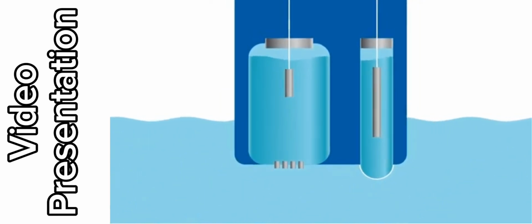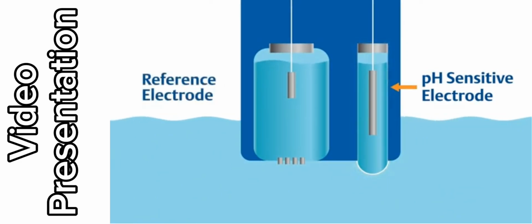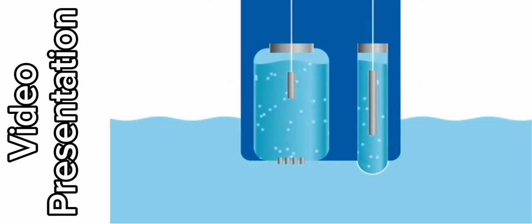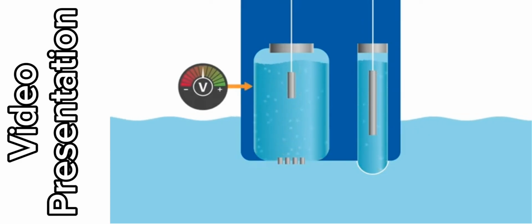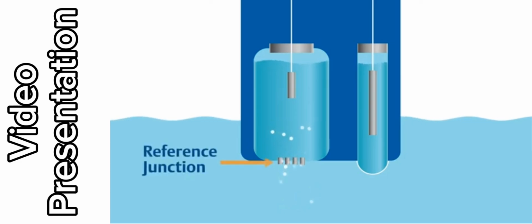pH sensors have two primary components, a pH-sensitive electrode and a reference electrode. Both electrodes consist of a metal wire suspended in a stable neutral electrolyte solution. The reference electrode maintains a steady reference voltage and completes the electrical circuit with the pH-sensitive electrode by allowing a small amount of ions to flow from the reference electrolyte solution into the process fluid through a small porous opening called a reference junction.